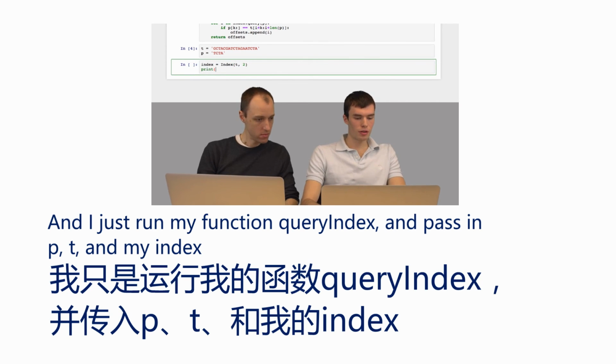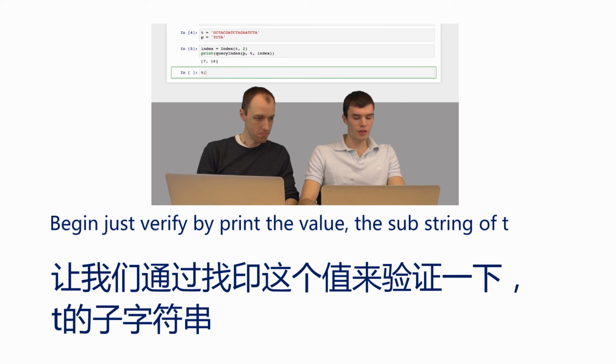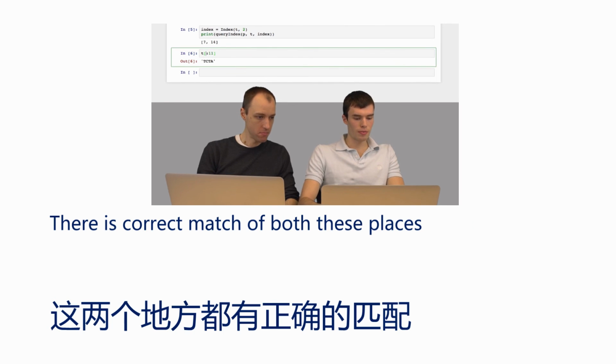And then I'll run my function query index and pass in P, T, and my index. And the output is 2 indices, 7 and 14. We can verify by printing the substring of T that there's a correct match at both of these places.